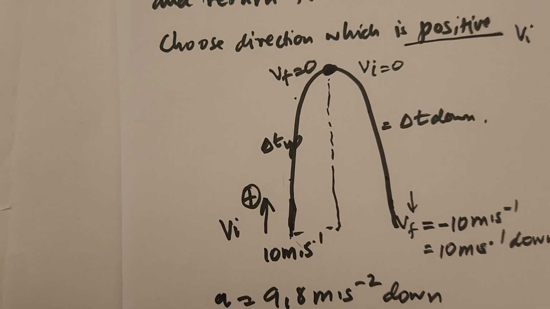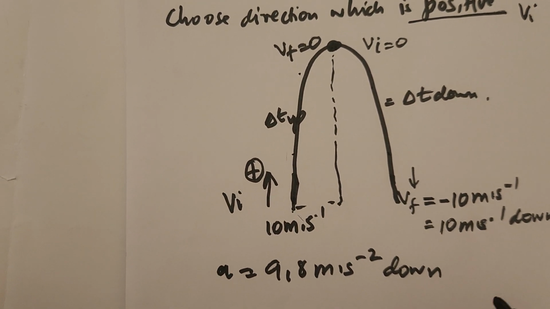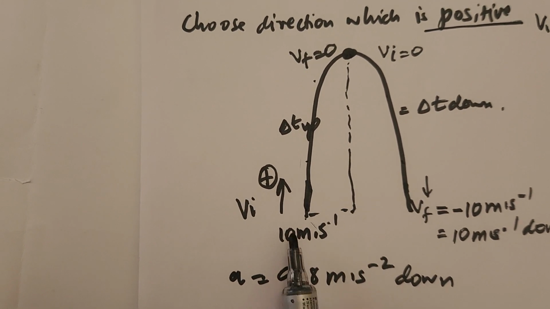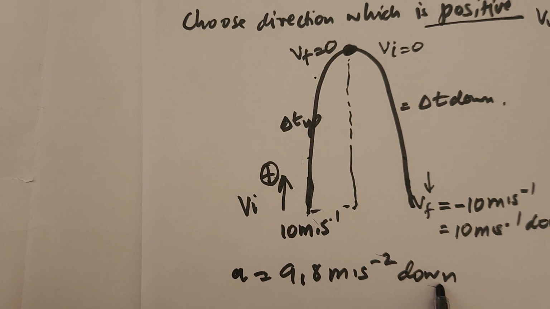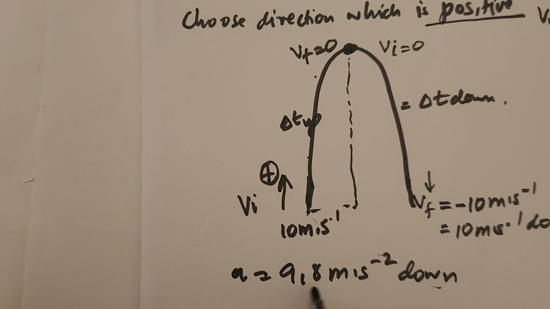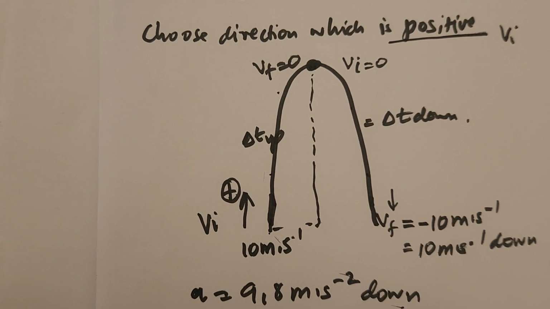But for calculation purposes, because this is always downwards, if we choose upward as positive, it means that the acceleration will be negative. So that is when we calculate.